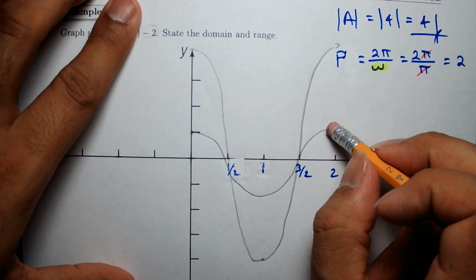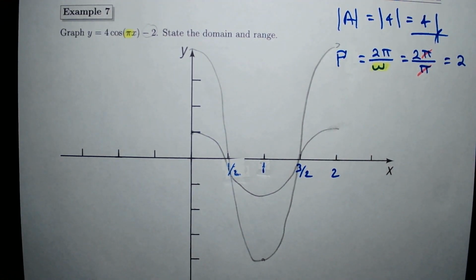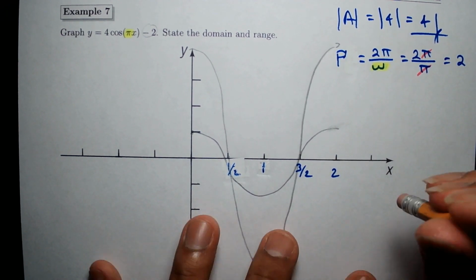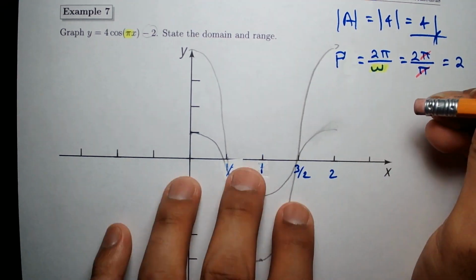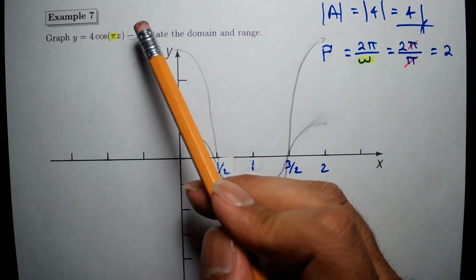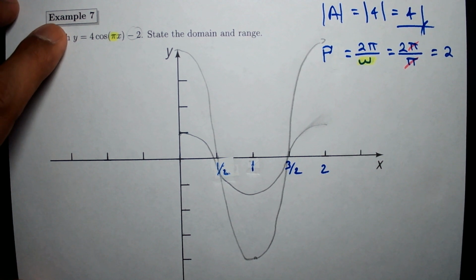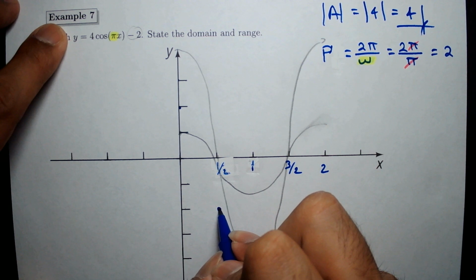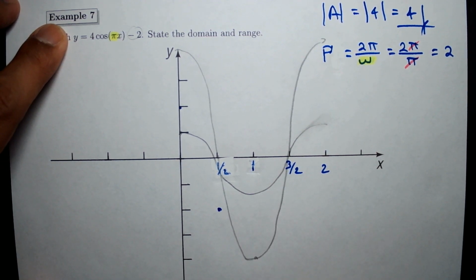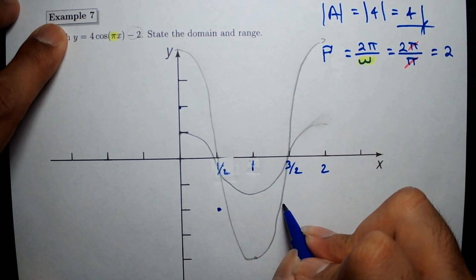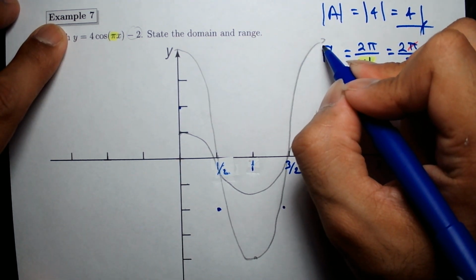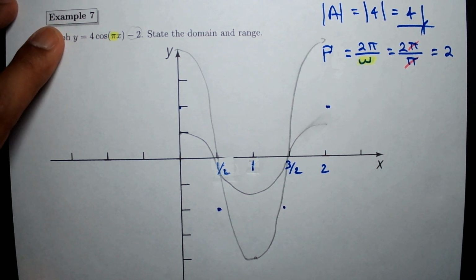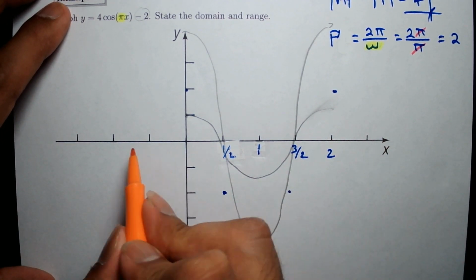All right, in this case, let me erase. Oh, I don't want to erase this, it's gonna be a mess. So actually, I have to do it. In this case, this -2 will shift all these points down 2 units. And also remember that horizontal dashed line that I drew before.